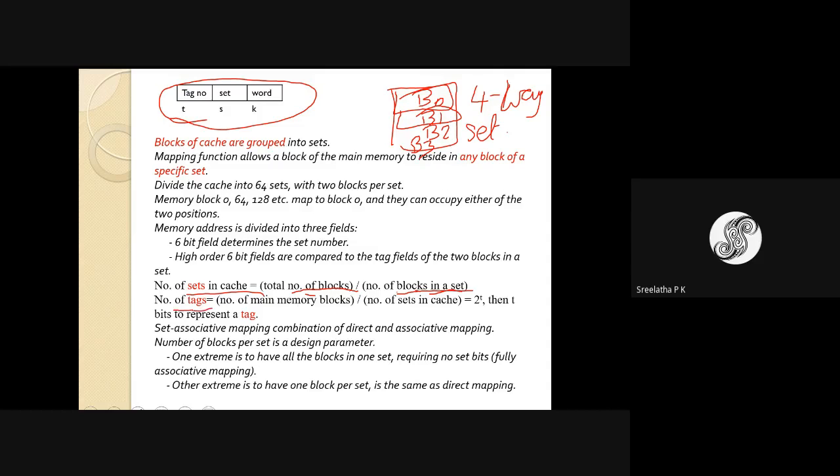And to find the number of tag bits, the simple thing is total bits for address minus the number of bits for word and the number of bits for set. That is the simplest way, so you can do it that way.